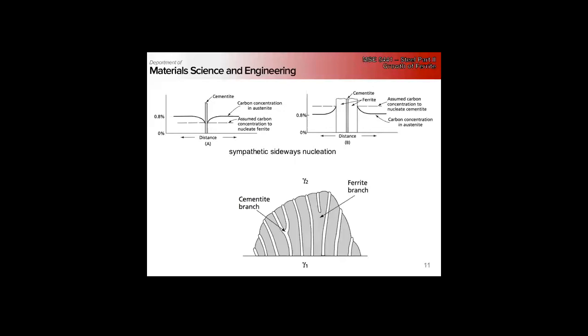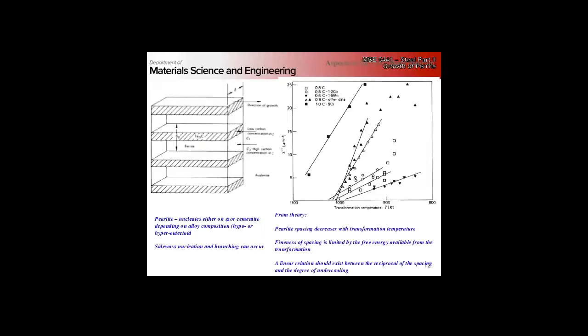So that means this front is going to be moving slower, and this diffusion field is going to be able to get out of the way. The diffusion is going to be faster, so the gradient won't be building up as much. That means we're going to have a wider lath spacing than at lower temperatures, simply because we're not going to be building up the carbon as much, right?